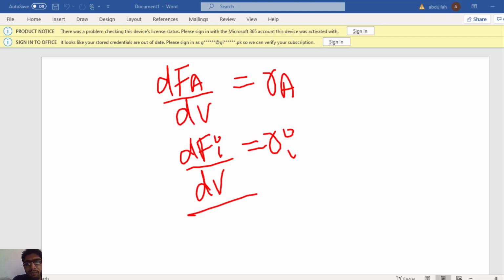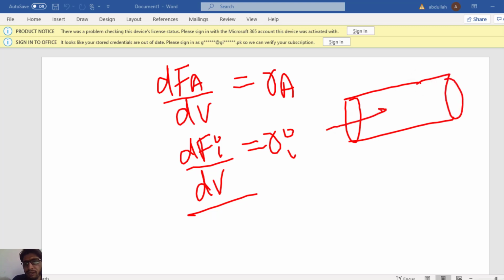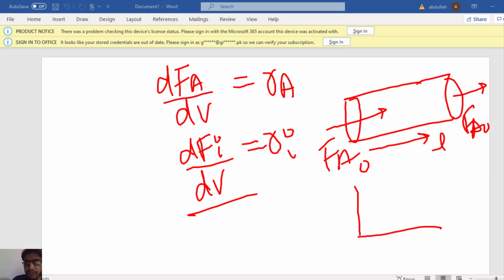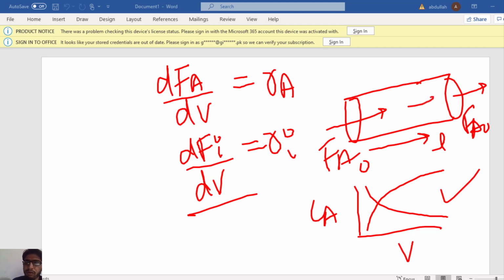Now in the plug flow reactor, in the axial direction, which is the volume or length of the reactor, as the length or volume of the reactor increases, the conversion increases, the concentration of A decreases and the concentration of B increases. Now this was all about the plug flow reactor.